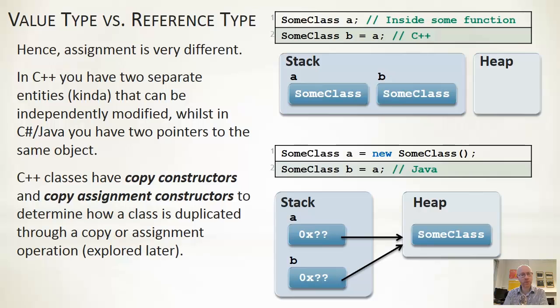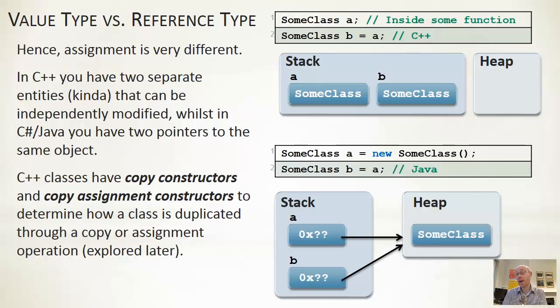It's the one that was created through the new keyword. But we have two references. We've declared a reference A and a reference B, and through the assignment both A and B point to the same object. So it's one instance but two references to it.